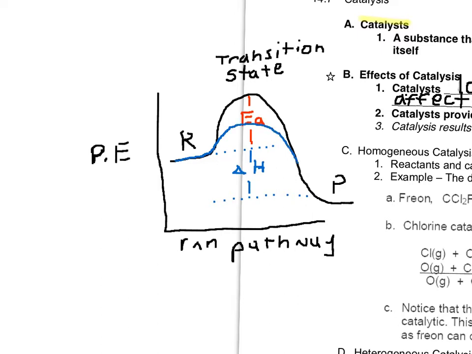You give it a different mechanism, a different pathway for the reaction to occur, and the activation energy, this part, goes down, it becomes a lot less, but our total delta H is still going to remain exactly the same because we still have the exact same products and the exact same reactants, so this part right here still stays exactly the same. So it doesn't change anything about the reaction except the rate. That's the only thing it changes in the reaction.